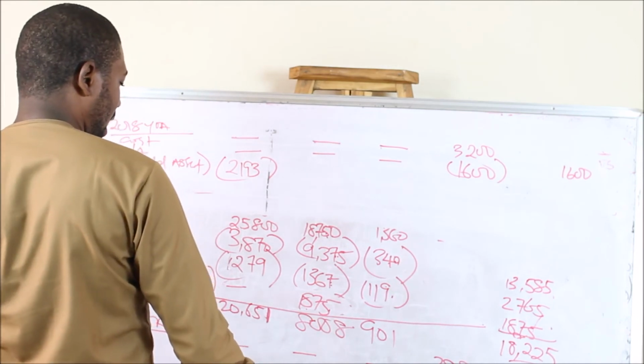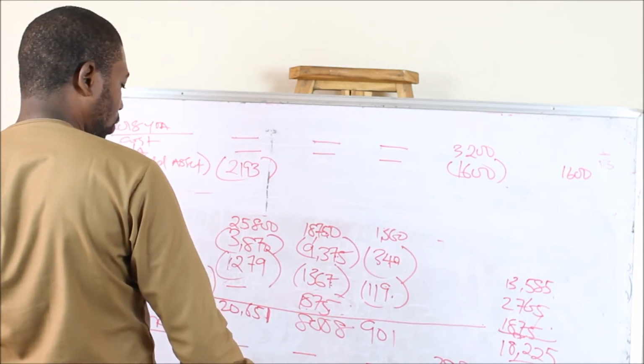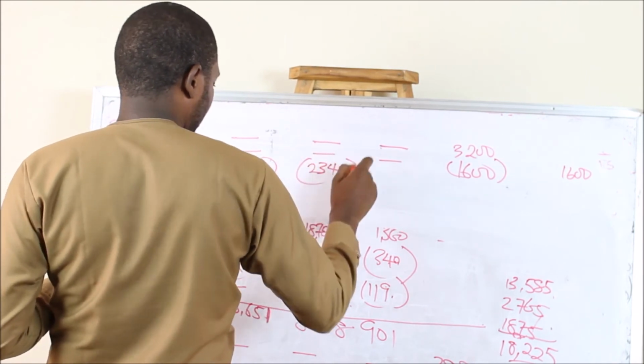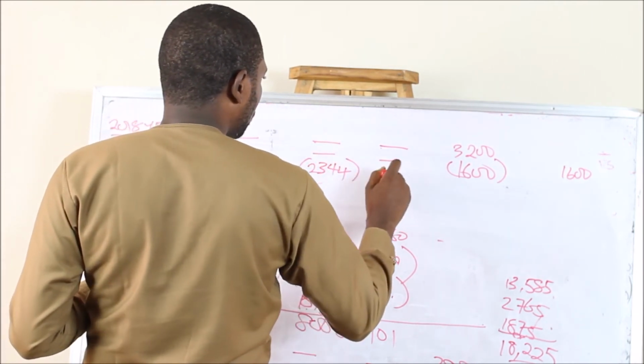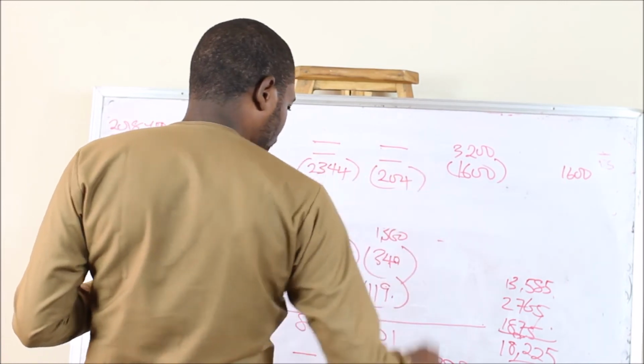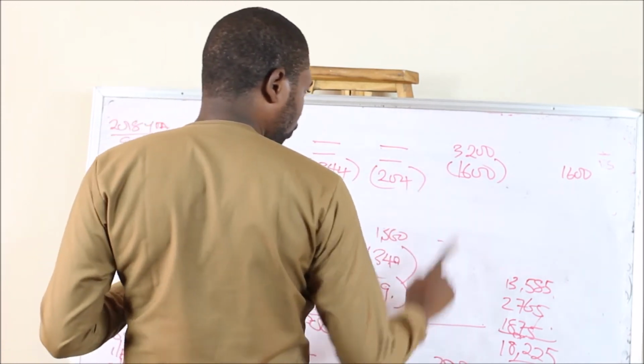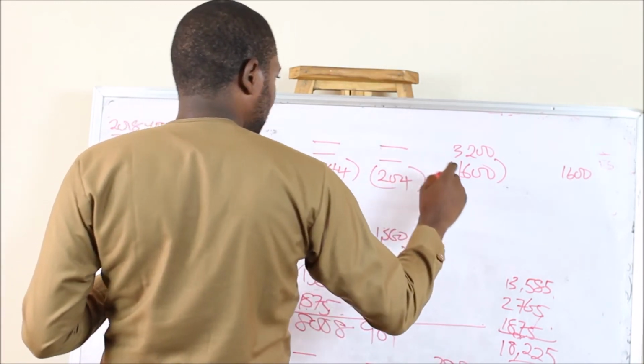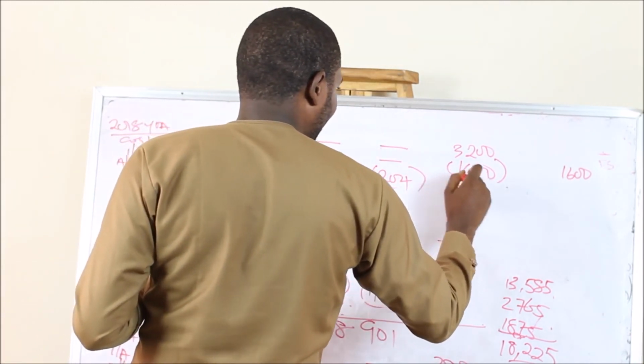For plant and machinery also 2344. For fitting and furniture also 204. For the old asset, when I say old asset, I mean the old plant and machinery, because we have the new one. The old plant and machinery you have 350.